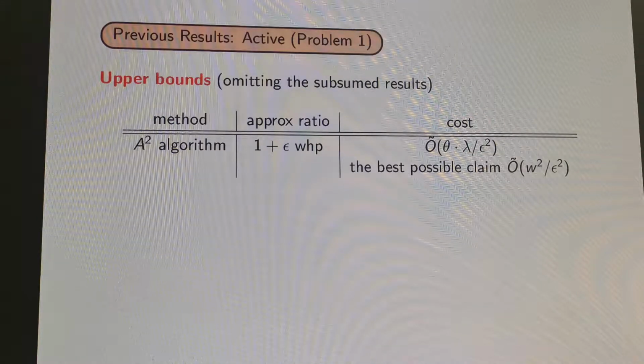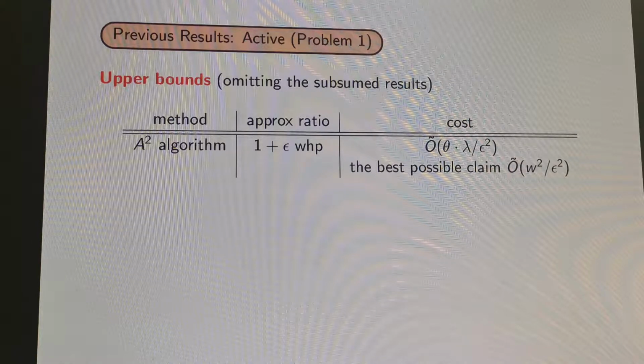Now let's talk about the previous results on problem 1, starting with the upper bounds. One way to do it is to use the A-square algorithm, a famous algorithm from active learning.